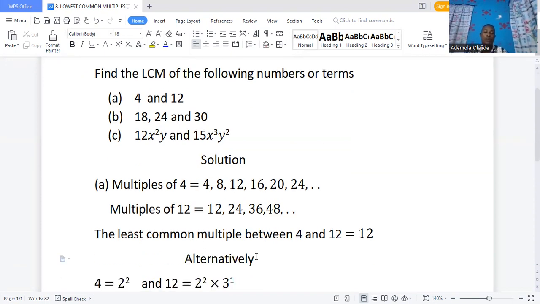So among these multiples, check which one is in the multiples of 4 and is also in the multiples of 12, that is common to the two of them, the least that is common to the two of them. If you check, we can see that it is this one.